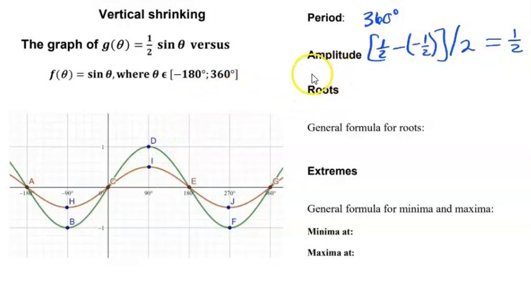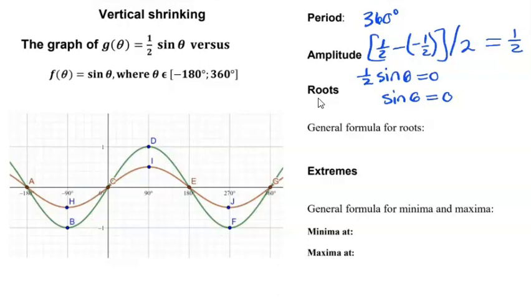Let us look at the roots. Again, if I want to solve a half sine theta equal to 0 algebraically, it will give us the same solutions as when I solve sine theta equal to 0. So a half sine theta and sine theta have exactly the same roots.